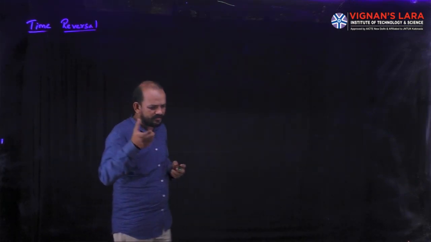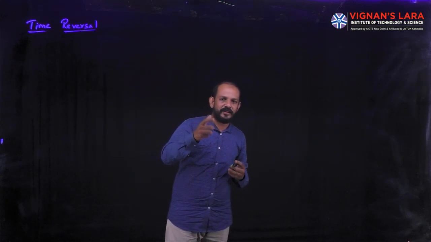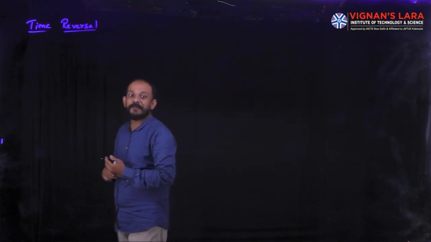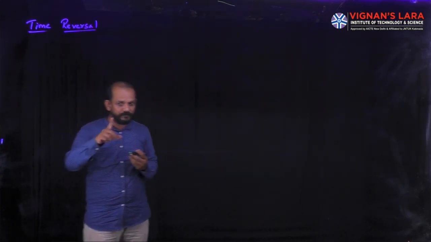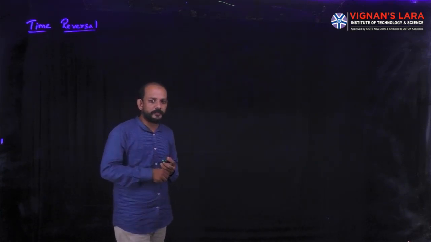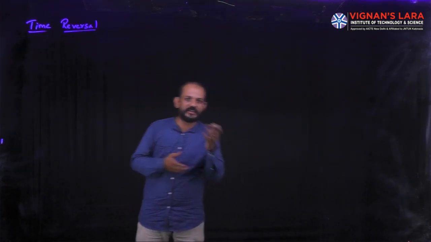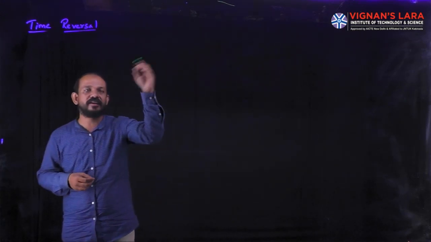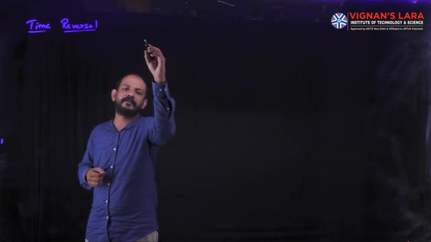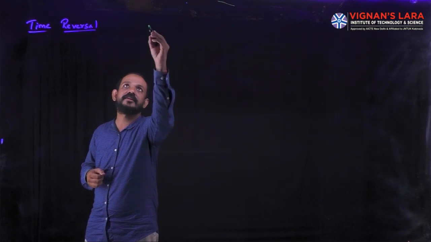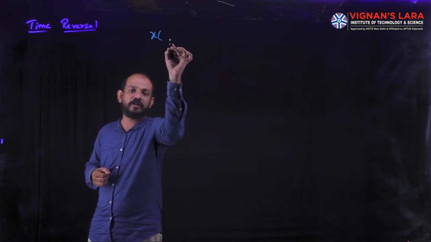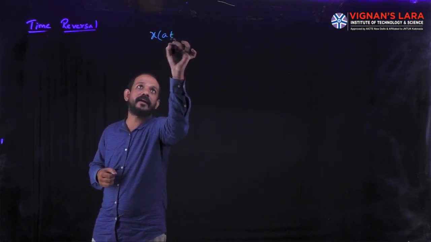This time reversal operation is a special case of time scaling. So how can you represent the time scaling operation on signal x of t? The time scaling operation on signal x of t will be represented as x of at.